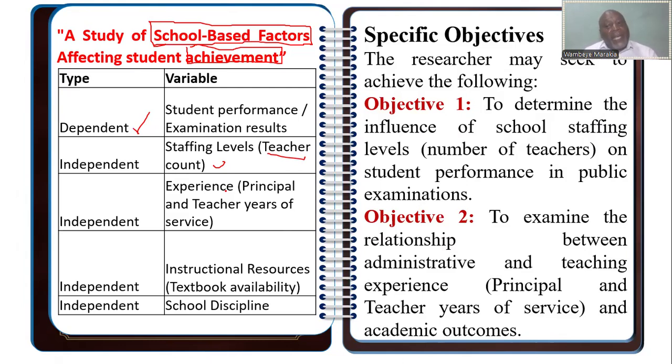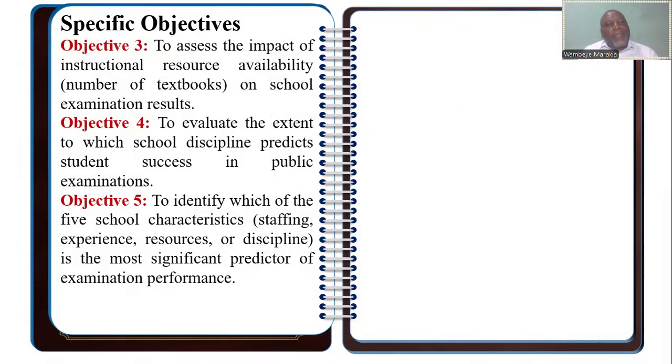The second is to examine the relationship between administrative and teaching experience, that is the principal's and teachers' years of service, and academic outcomes. The third objective is to assess the impact of instructional resources availability, that's the number of textbooks, on student examination results. The fourth objective is to evaluate the extent to which school discipline predicts student success in public examinations.